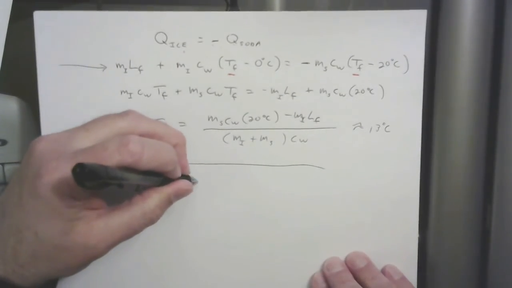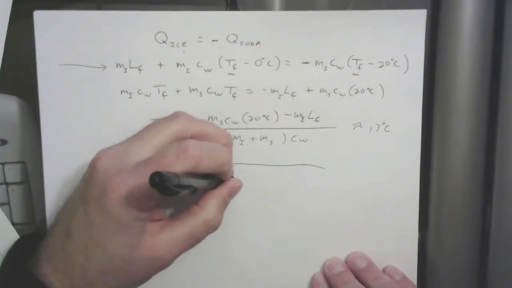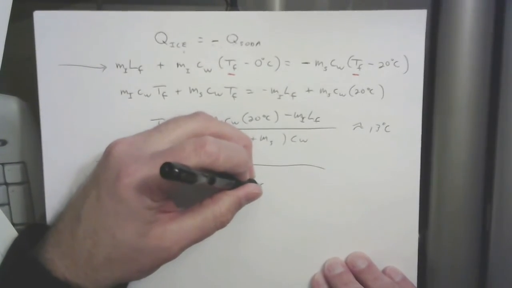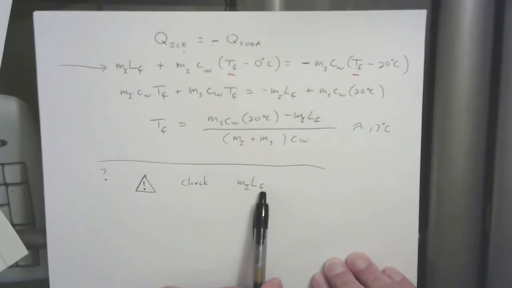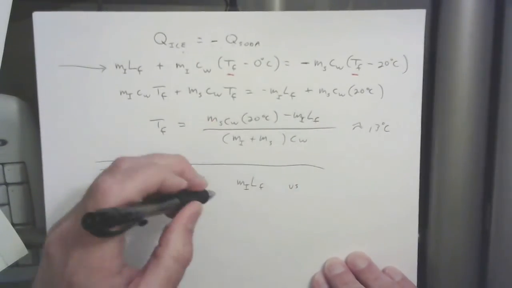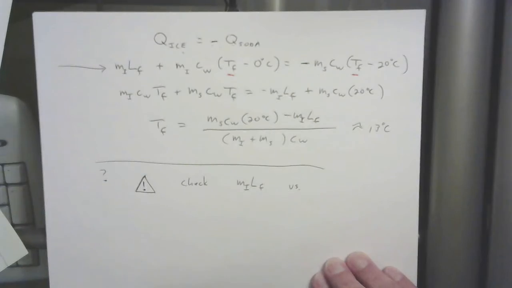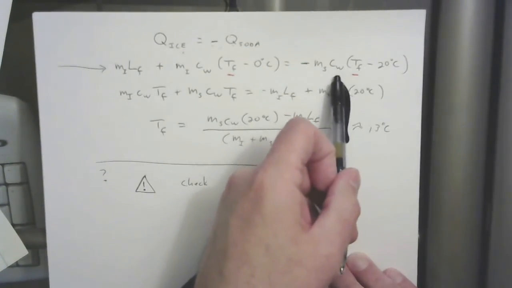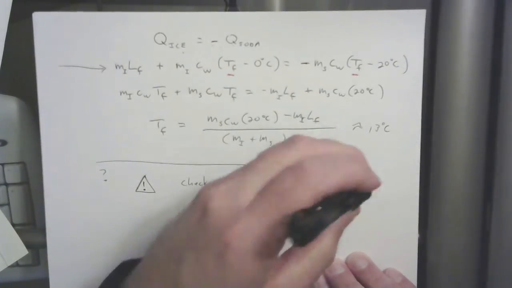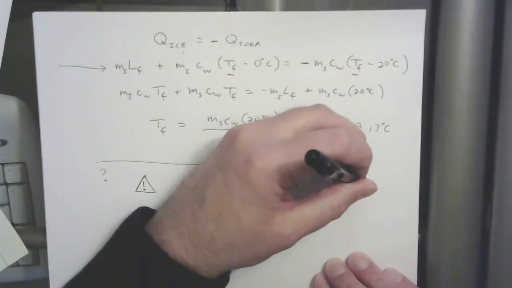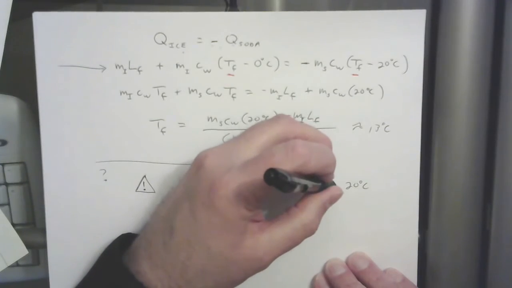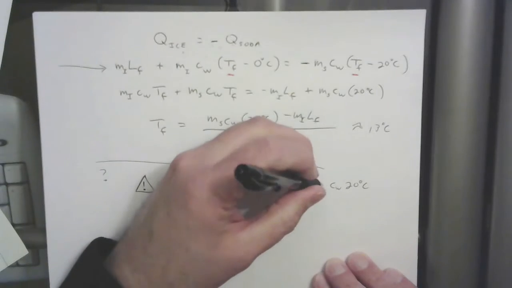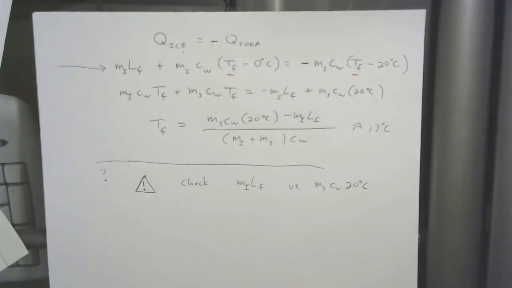So what you should do is you should check the actual values. So check the latent heat of fusion, mass times latent heat of fusion, versus the entirety of the temperature loss from the soda. So what would that be? That would be the entire 20 degrees Celsius down to 0 for delta T times the specific heat of water times the mass in the soda.